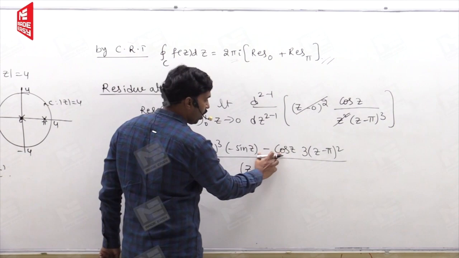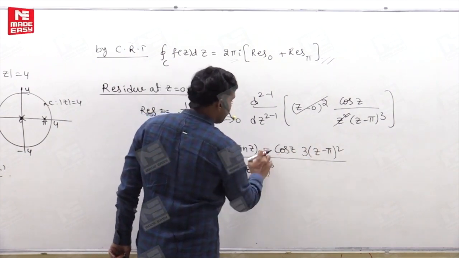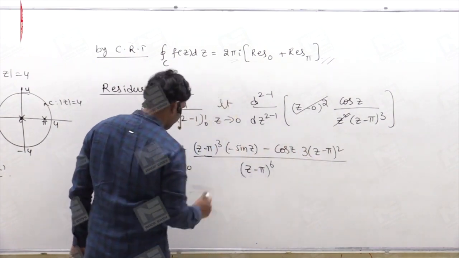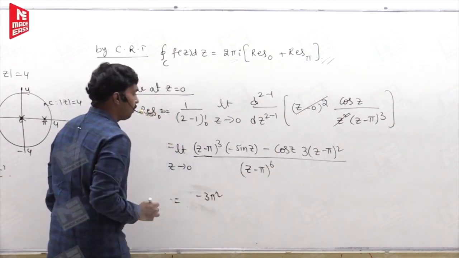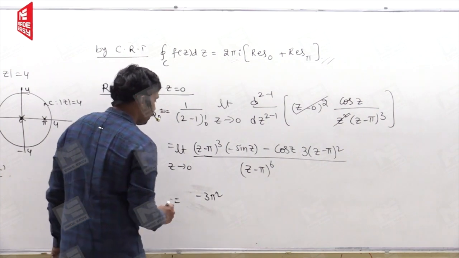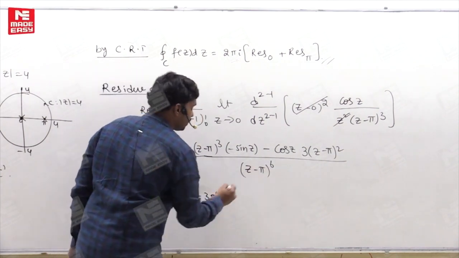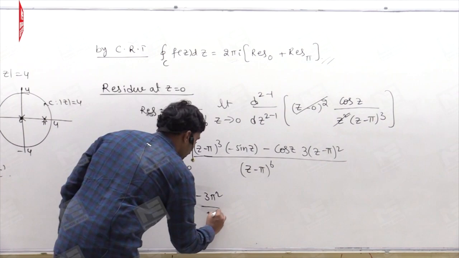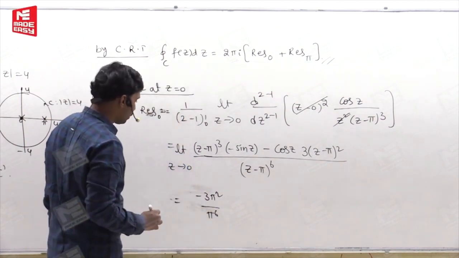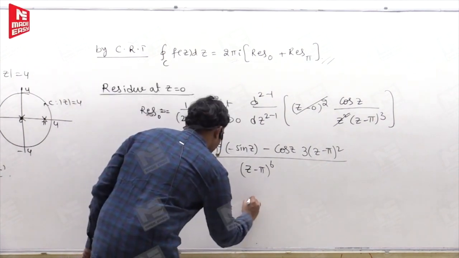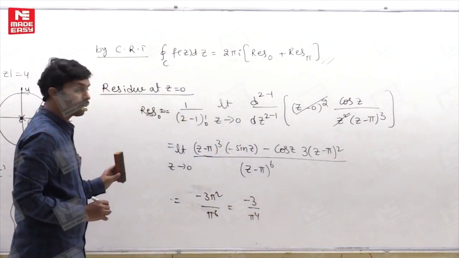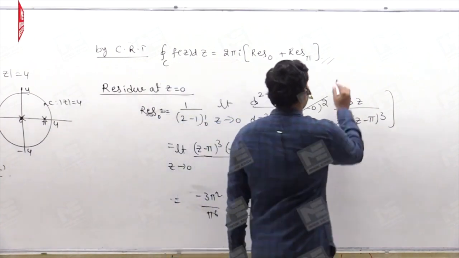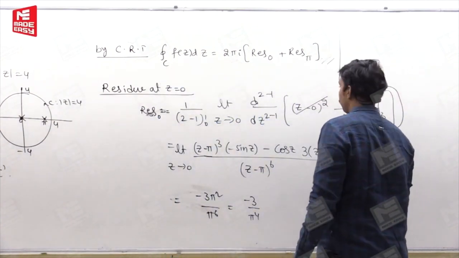But cos 0 is 1, so it is minus 3 pi square into 1. So you are getting minus 3 pi square, divided by pi power 6, which is going to be minus 3 by pi power 4. So this is the residue at 0 you are getting. And now you need to find out the residue at pi.